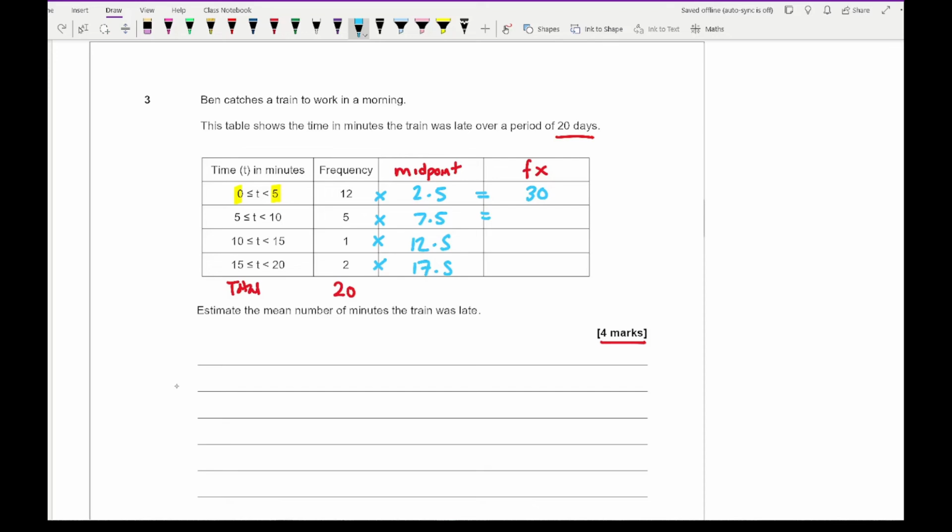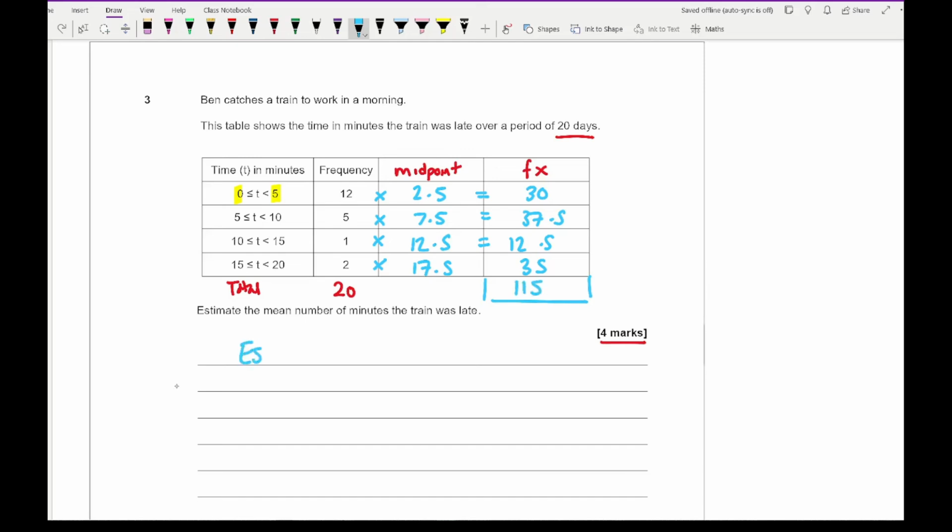For the second one we get 37.5. And we get 12.5. And then 17.5 times 2 is 35. And then all I then need to do is work out a total of my fx. So 30 plus 37.5 plus 12.5 plus 35 gives me an answer of 115.